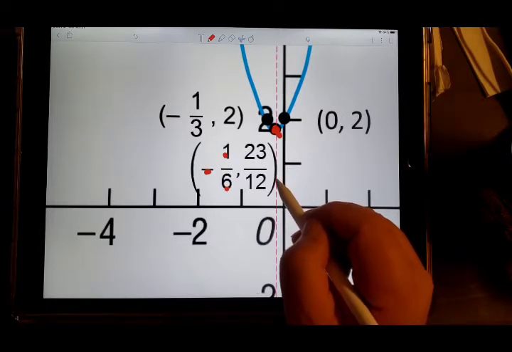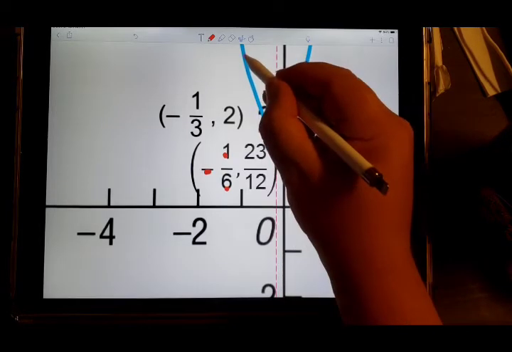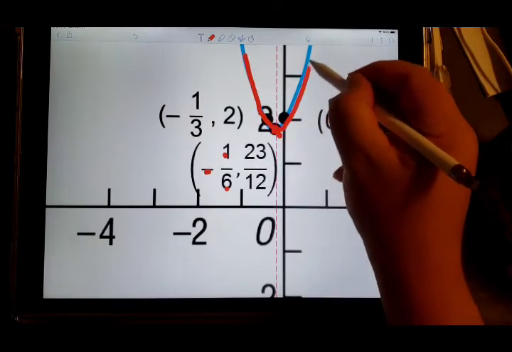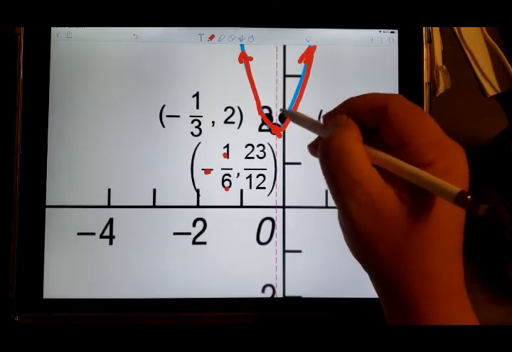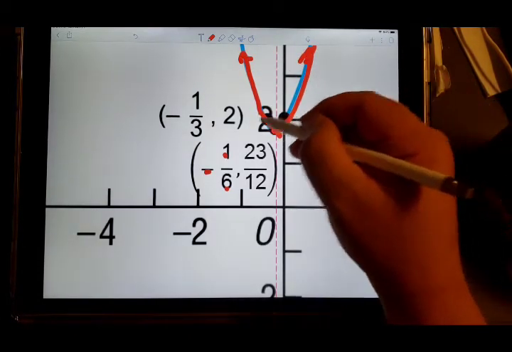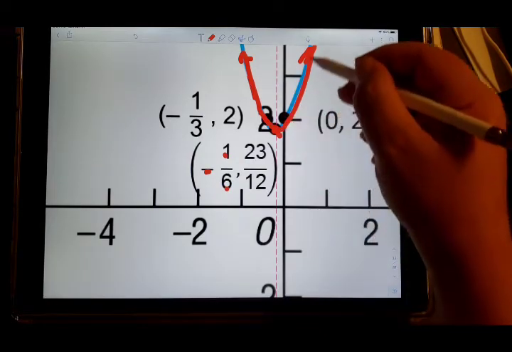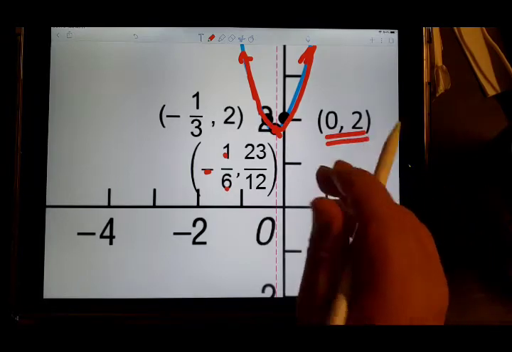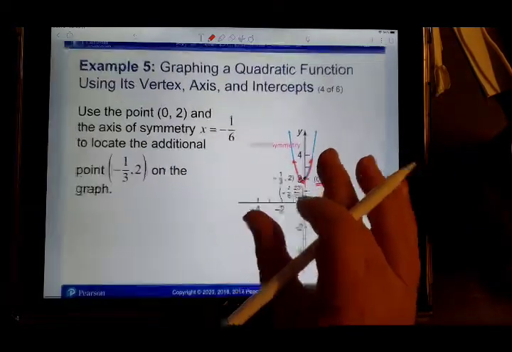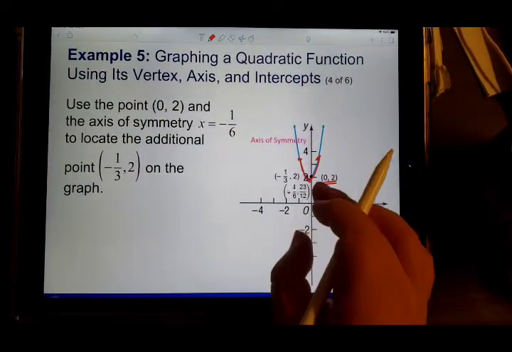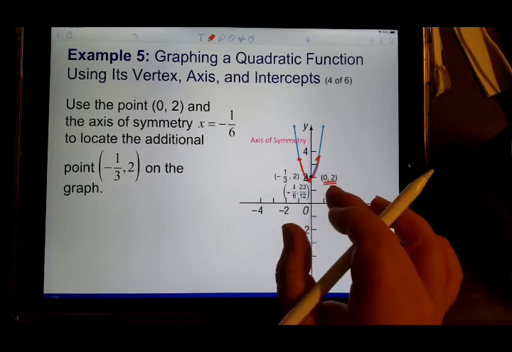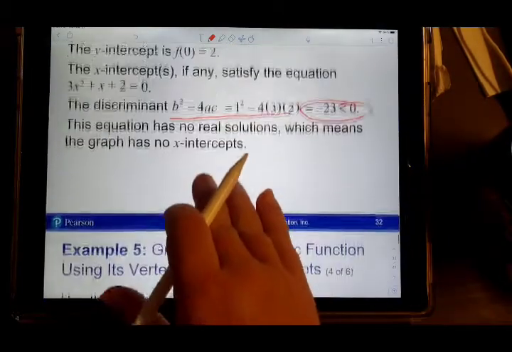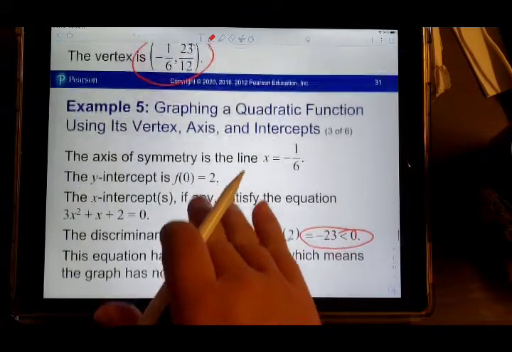And then they knew that this graph was going to open this way. All we really needed was just one more point on either side of the axis of symmetry to know which way it's going to open. Now, it's no coincidence they picked that nice point, 0, 2. It's really tight quarters, but they picked that point because it's an easy point to plot.